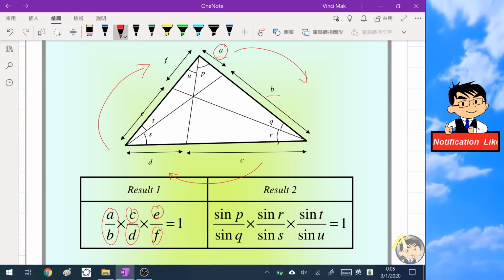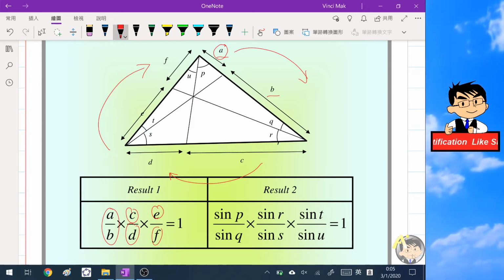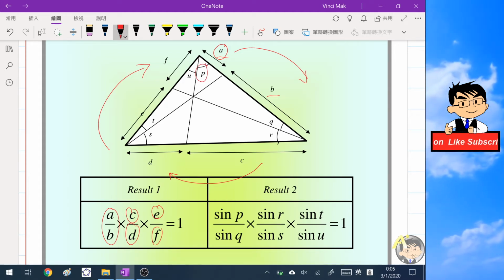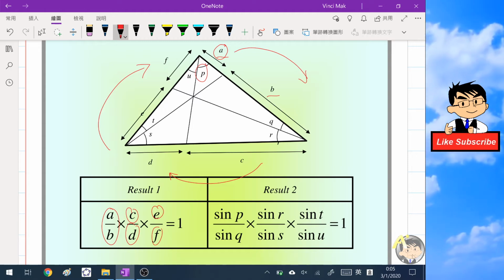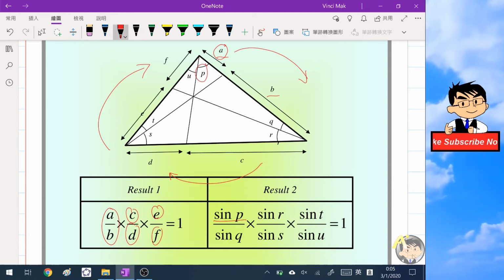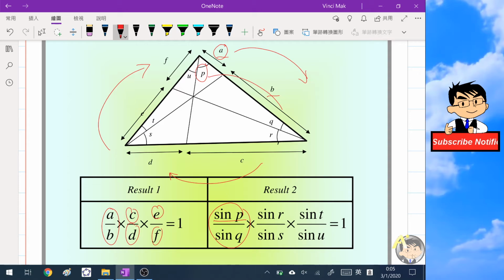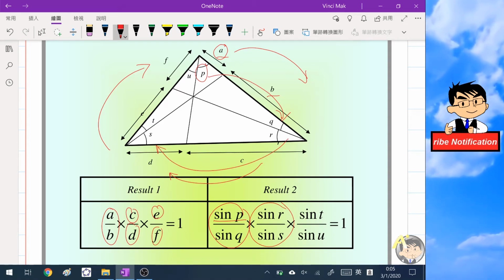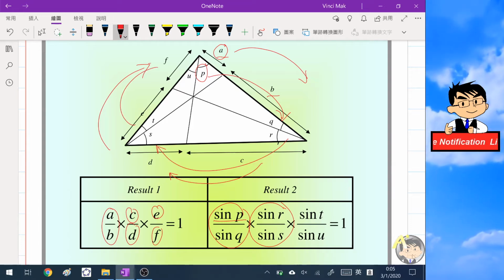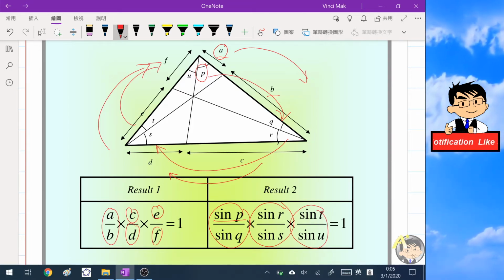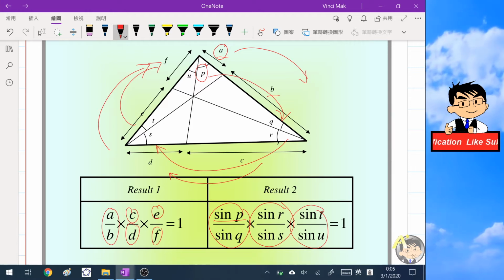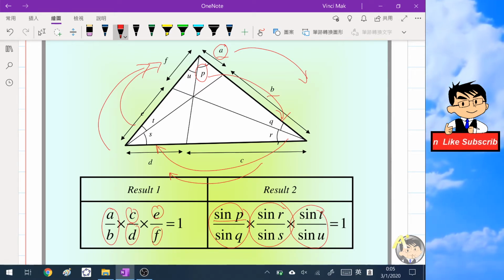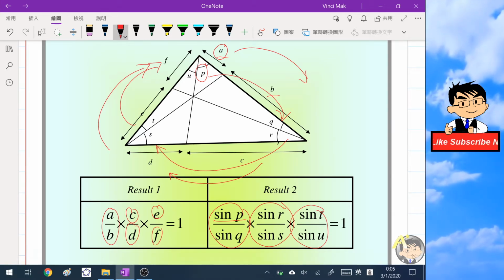And we have another result which is about the angle. Starting from angle P, we apply sine P over sine Q in this direction, and then sine R over sine X in this direction, and then finally sine T over sine U. As long as you are counting in a clockwise or anti-clockwise direction, the result is the same.